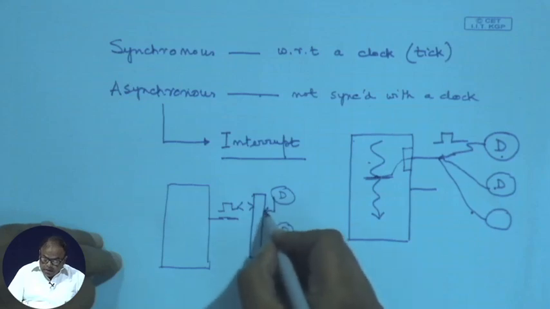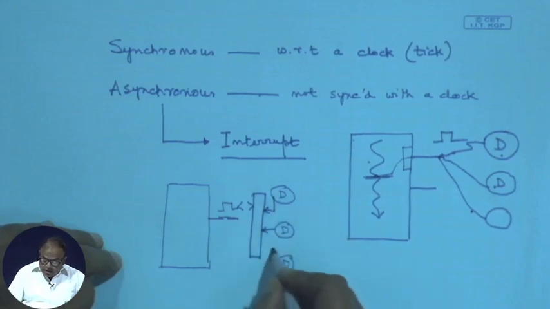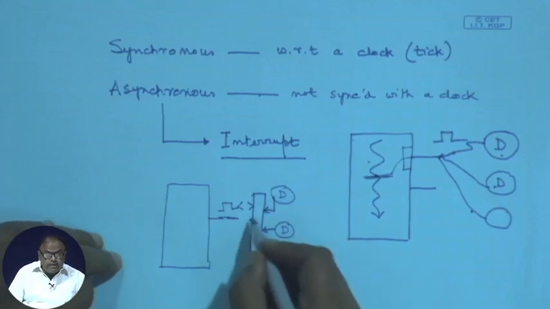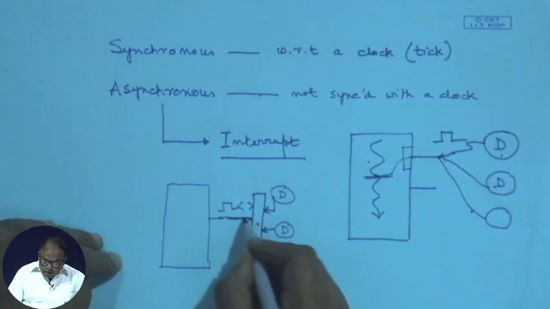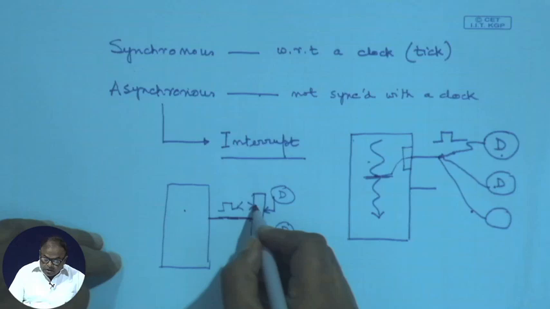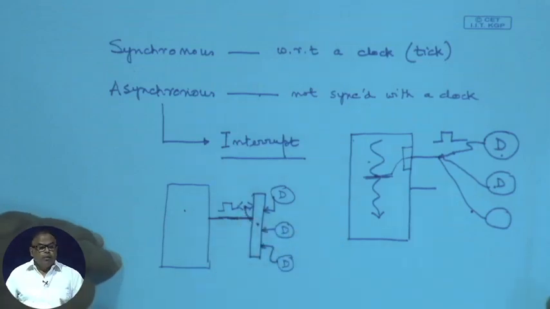So, these devices can send the interrupt to this interrupt controller, which connects to the interrupt pin of the processor and feeds in this extra information of which device has interrupted. This is known as a vectored interrupt.